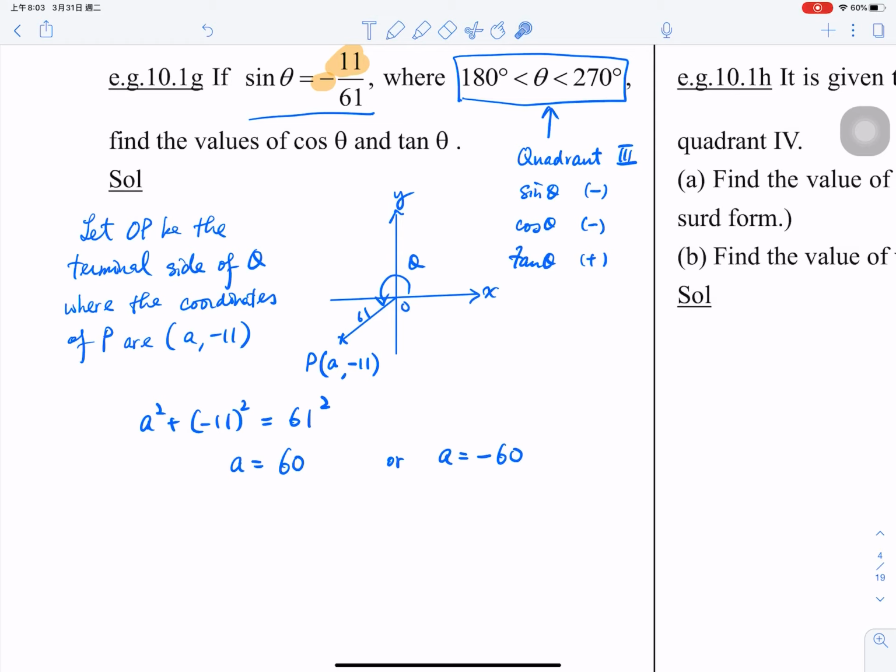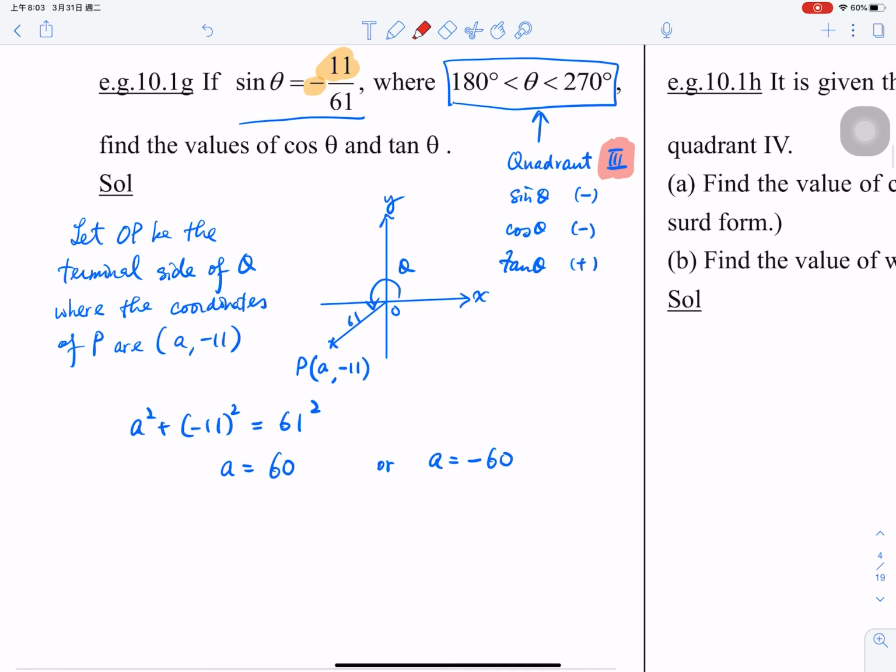Remember, this one lies in quadrant 3. Okay, quadrant 3. So what is the value of a? That means the x coordinate. Yeah, you're right. This one is correct. Reject the positive one because in quadrant 3, the x and y coordinates are both negative values.